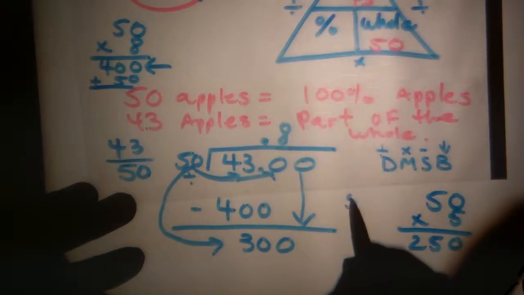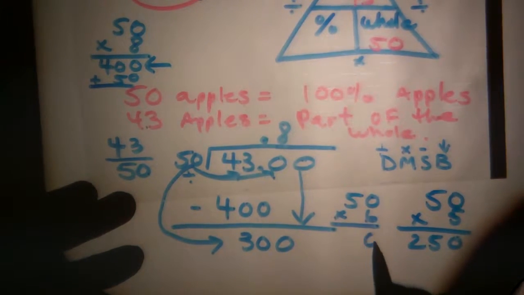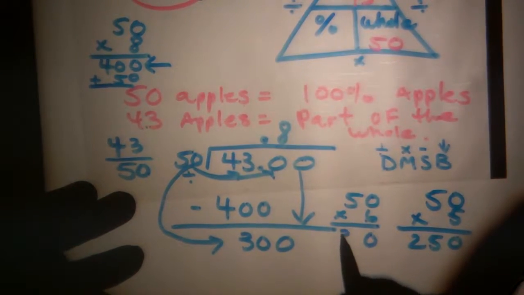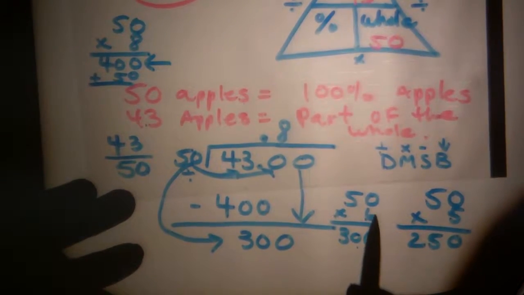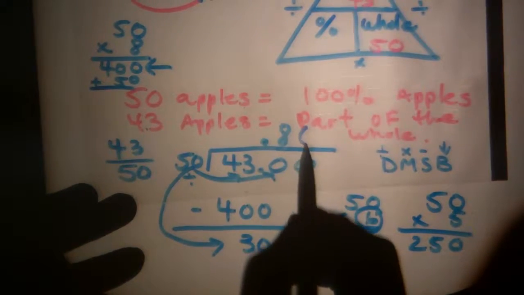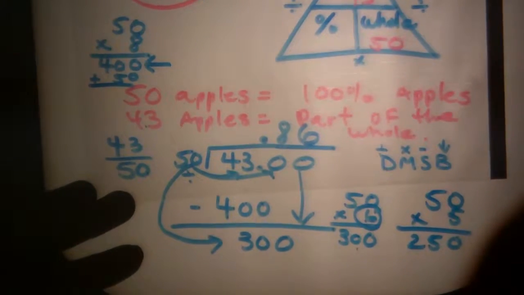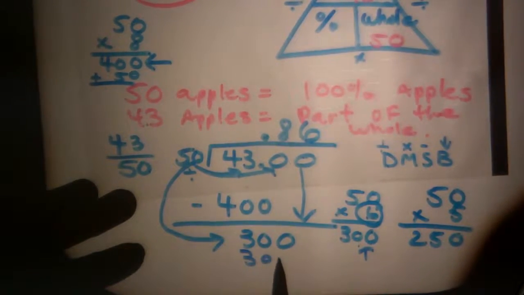What about 50 times 6? 6 times 0 is 0. 6 times 5, 30. 300. There we go. And 300 here. So 50 can go into 300 6 times. Bring it up there. 50 times 6 is 300.